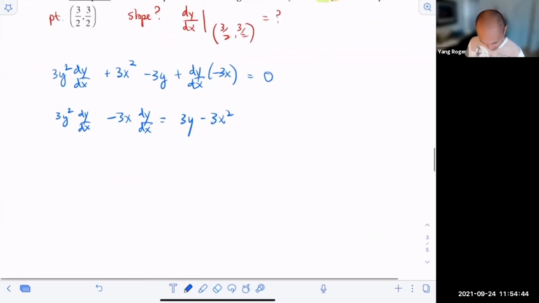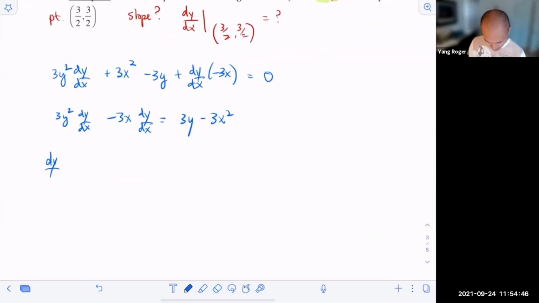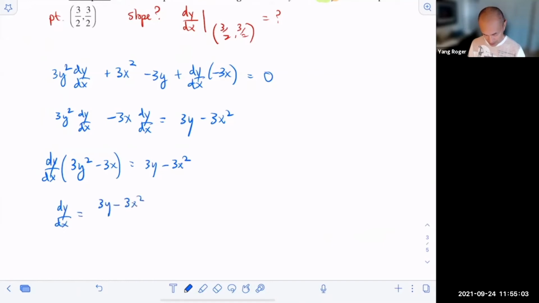Once I have that, I can factor out my dy/dx, so I get dy/dx times 3y squared minus 3x equal to 3y minus 3x squared. And when I divide both sides, I get dy/dx is equal to (3y minus 3x squared) divided by (3y squared minus 3x).